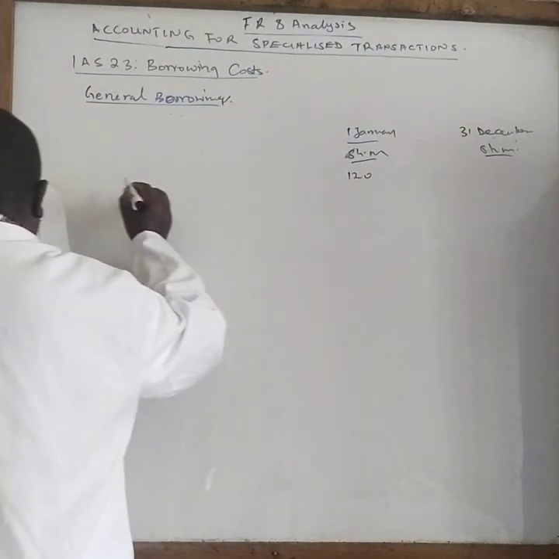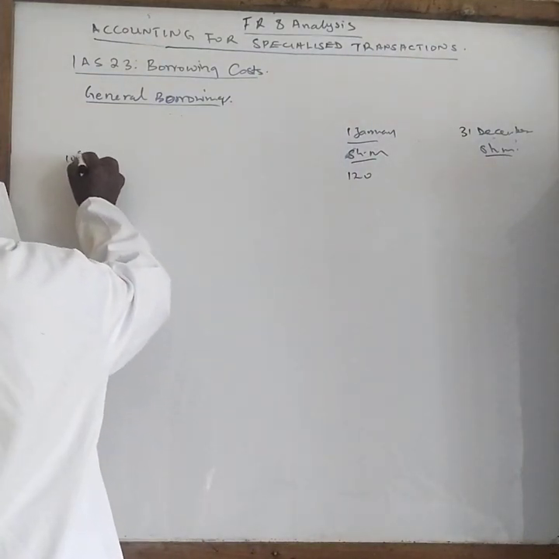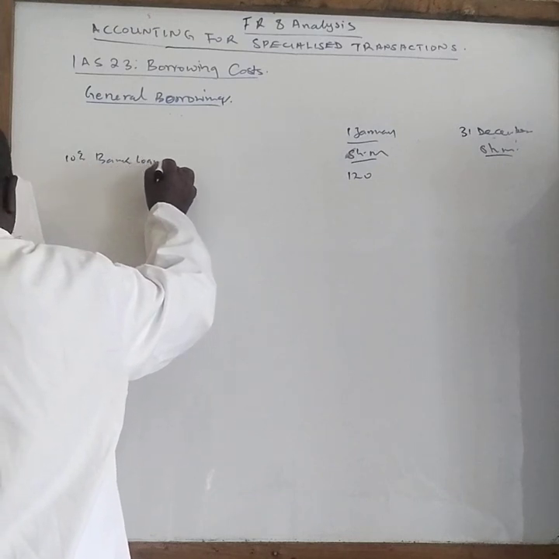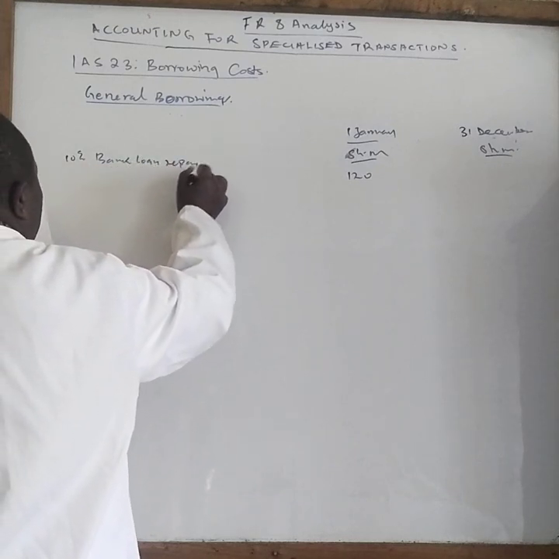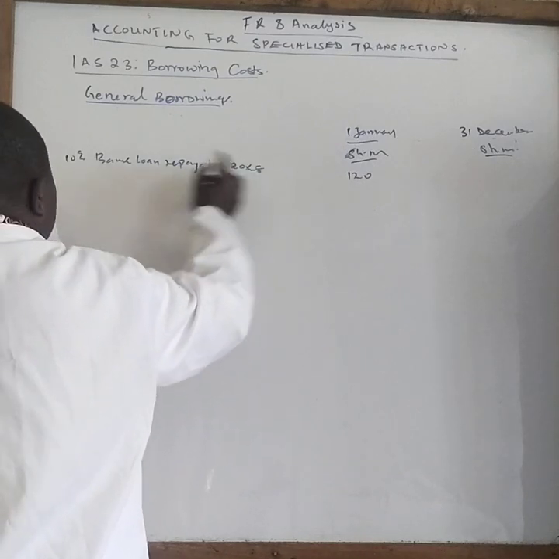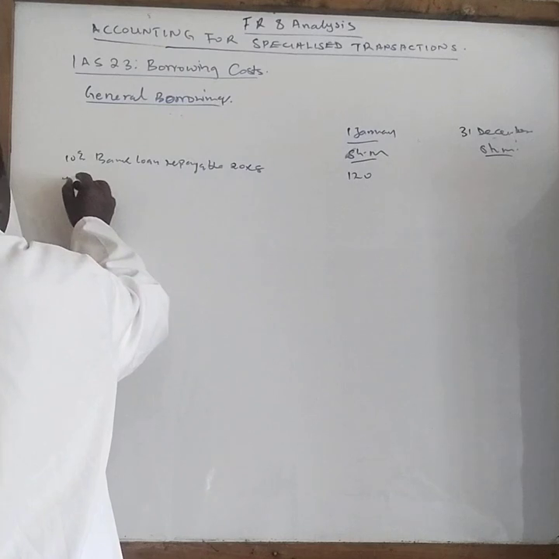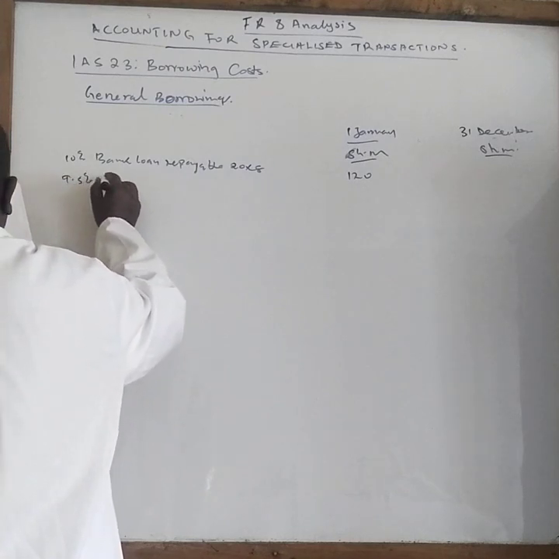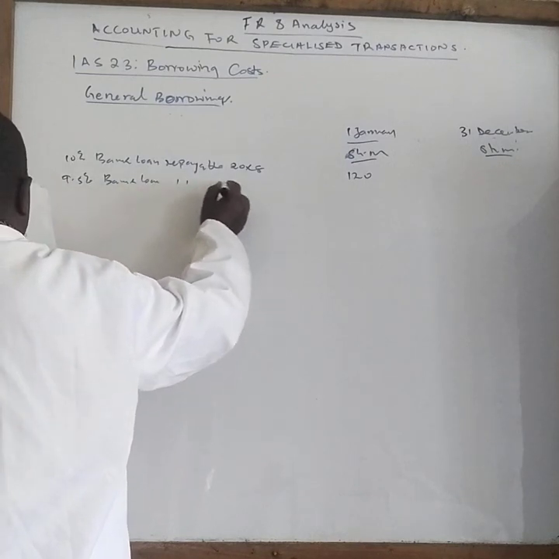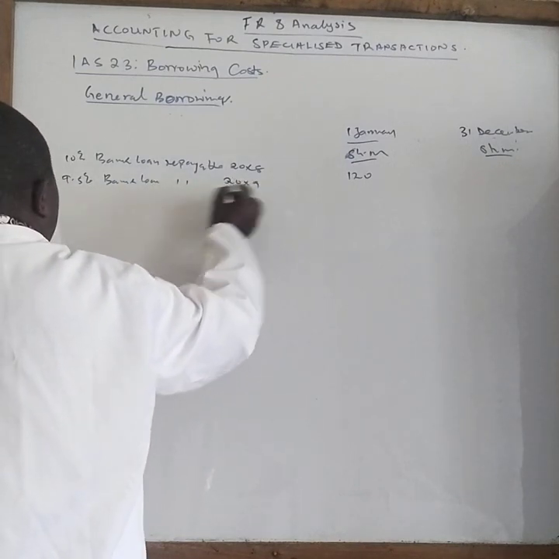Well, this 120 is at the rate of 10% bank loan, repayable 20x8. We have also 9.5% bank loan, repayable 20x9.